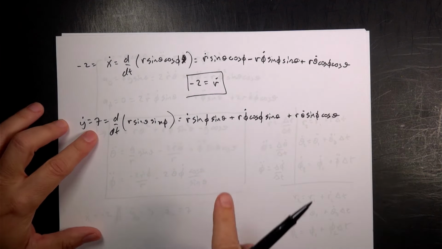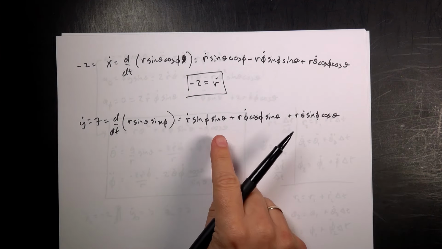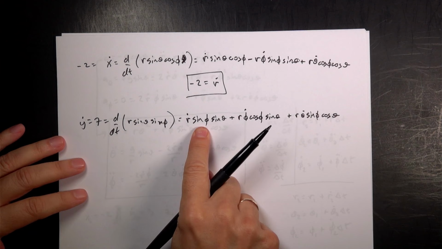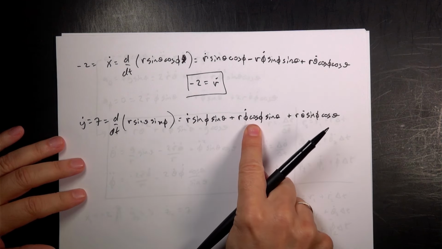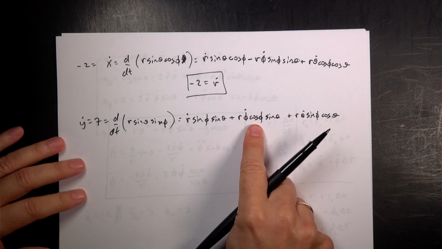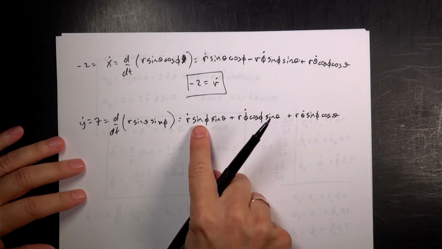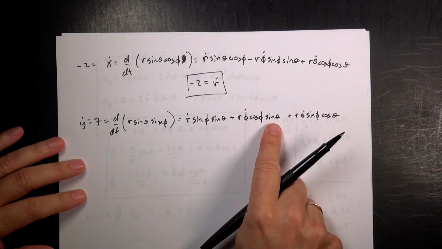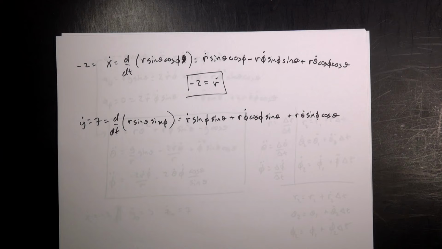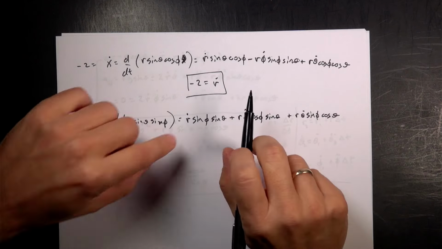Now again, at t equals 0, at the initial conditions, here I have phi is 0, so this term is 0. Here, if phi is 0, that term is 0. This is 0 too, because, well, let's see. No, that's all right. Okay, this term is 0.